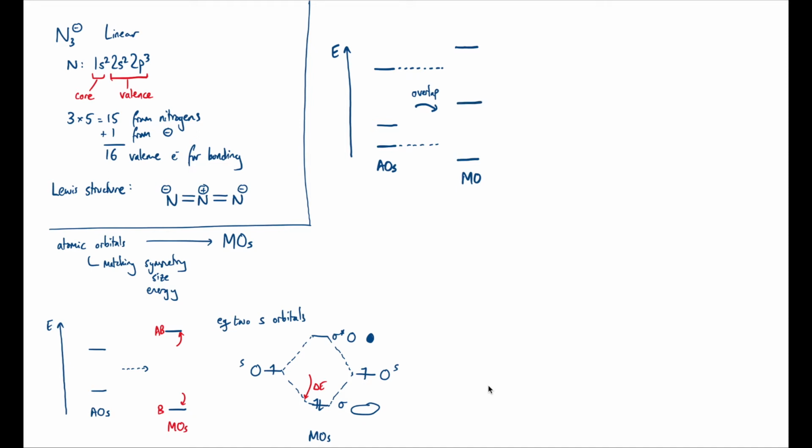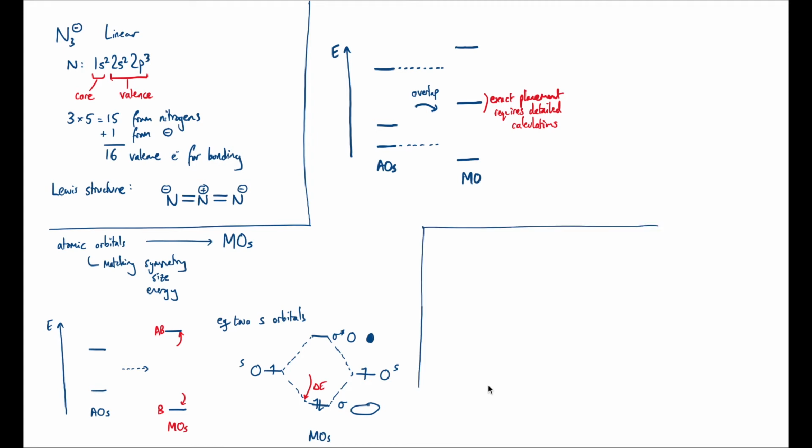So the exact placement of this one in energy requires detailed calculations. So we know that we start off with three atomic orbitals and form three molecular orbitals, but we can't really say much about the exact position of that central one.